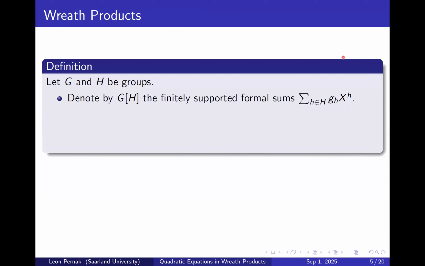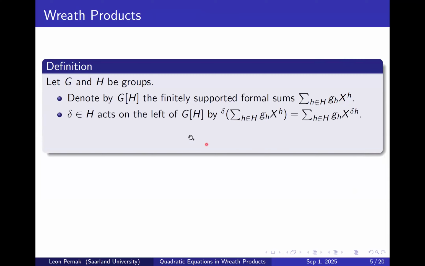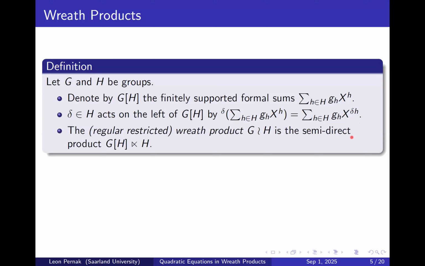Our intuition is going to be polynomials here. Then the group H acts on these formal sums by just re-indexing, just shifting the exponent, and the resulting semi-direct product, G^(H) times H, that's what I call a wreath product.